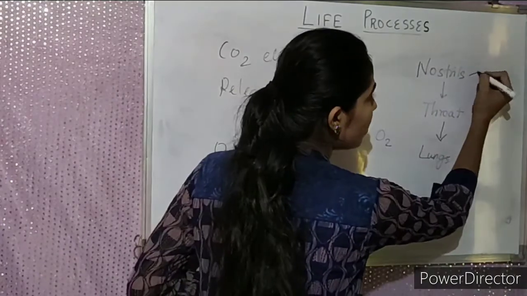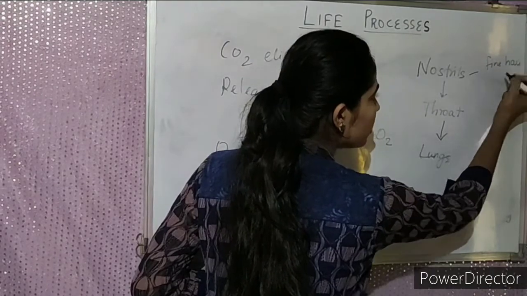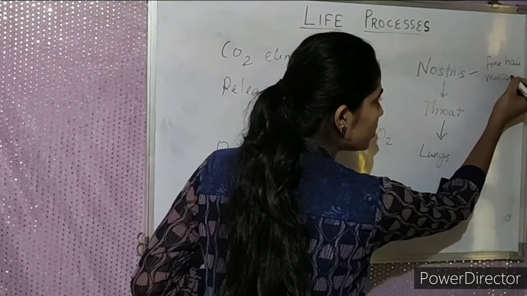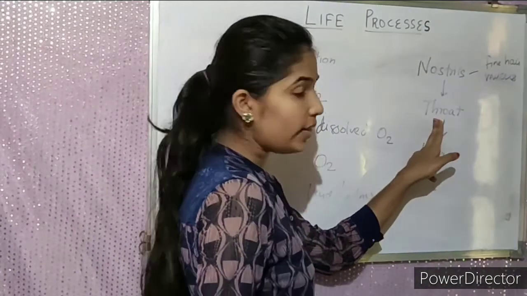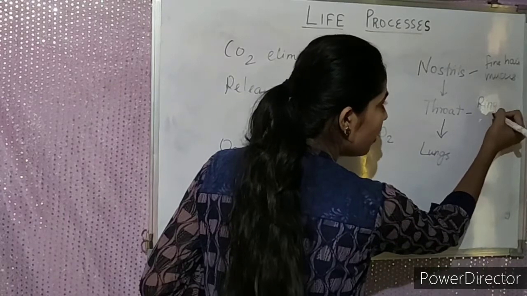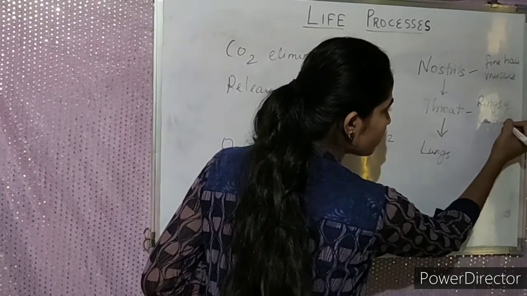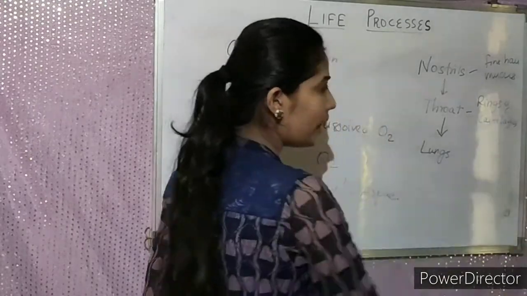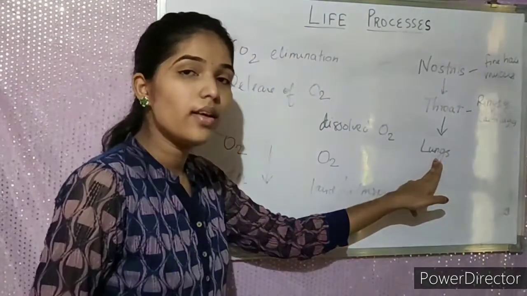In the nose there are fine hairs and mucus to prevent any dust. In the throat there are rings of cartilage to ensure that the air passage does not collapse, and then the air enters the lungs.